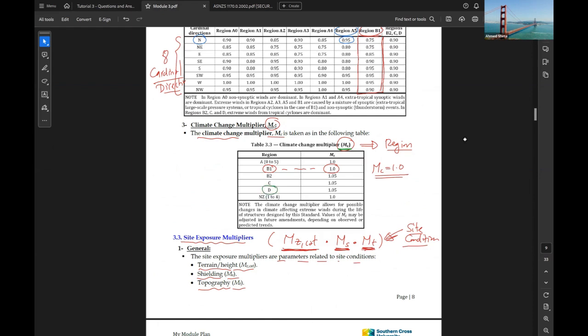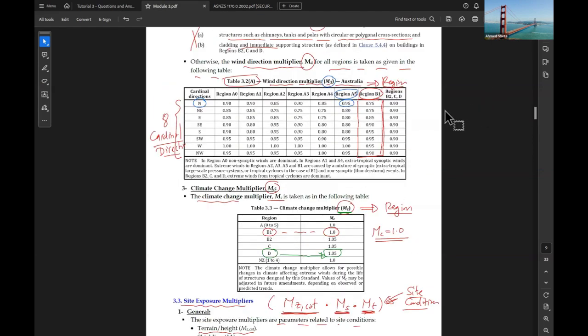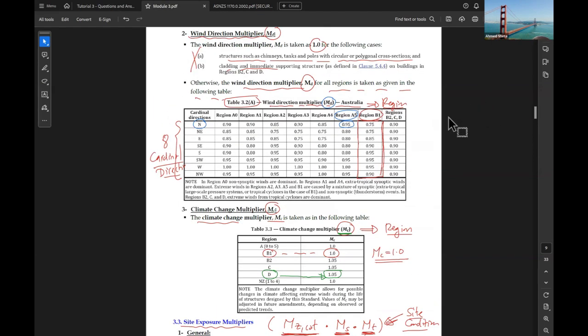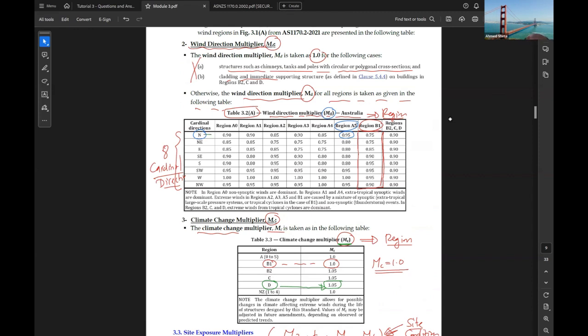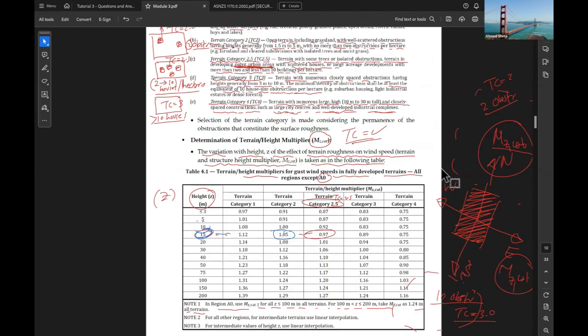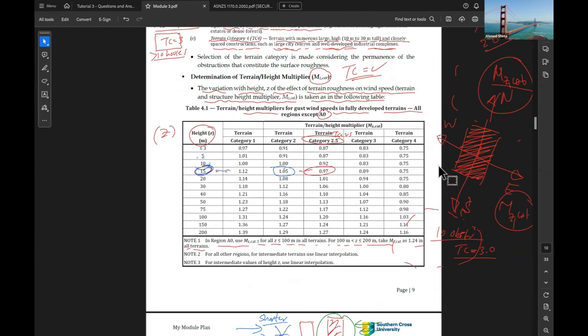We are cyclonic region D. So how much MC? 1.05. Also, in the north direction, region D, MD is 0.9. And also let's see Mzcat. Building 20 meter high and terrain category 1, so it is 1.14.